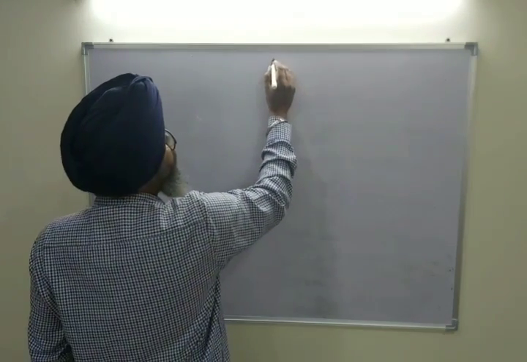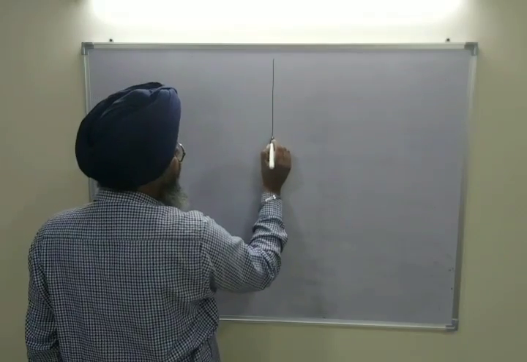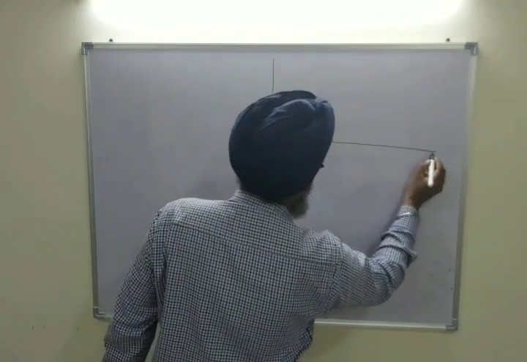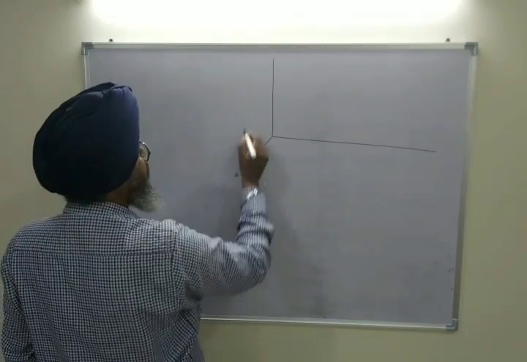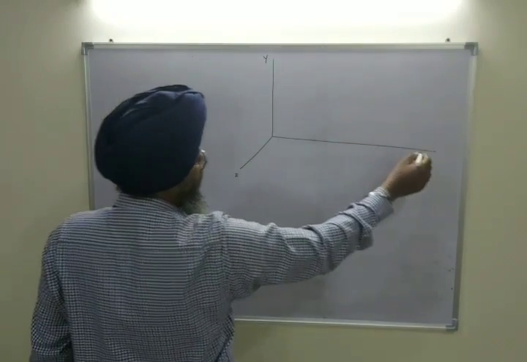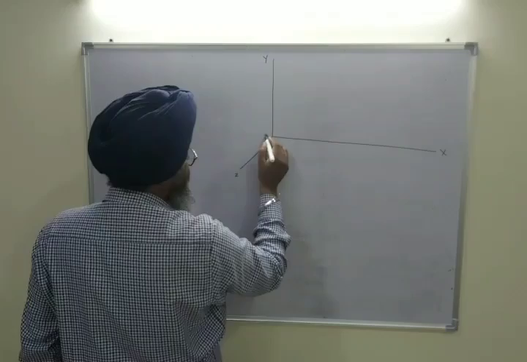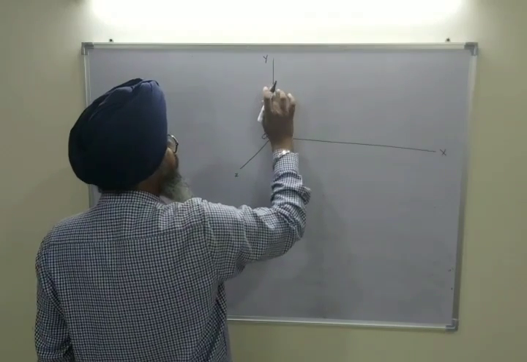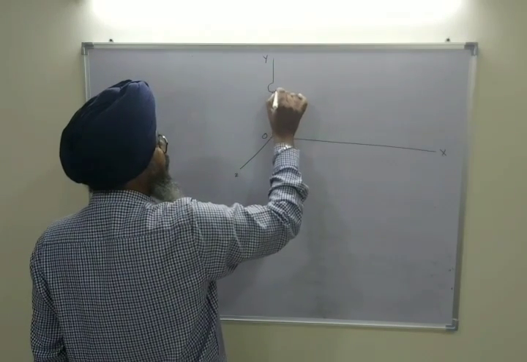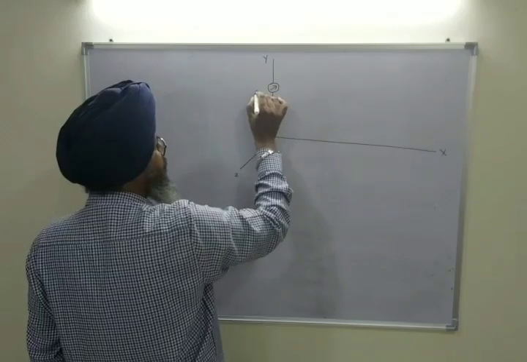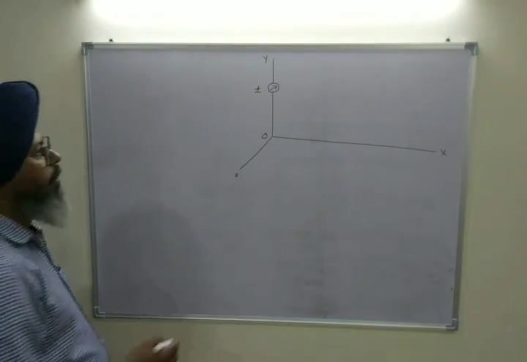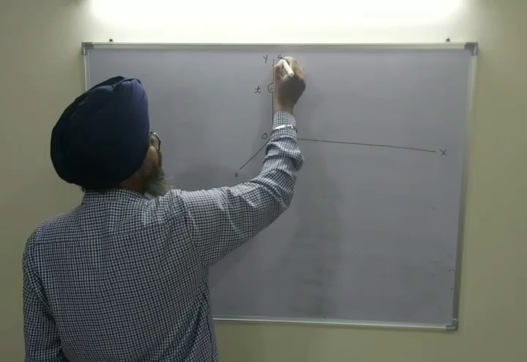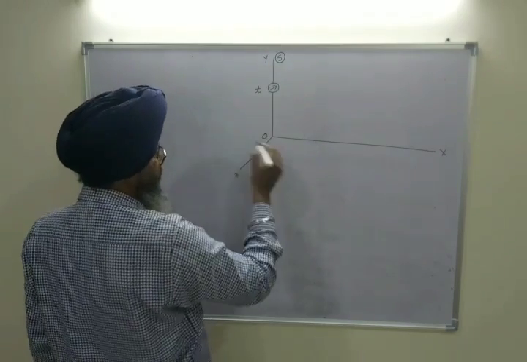So this is the y-axis, this is the x-axis, this is the z-axis. Z, y, and x. This is the origin. I would just show a clock in the frame S, whose time is represented by symbol T. This frame is designated as S.